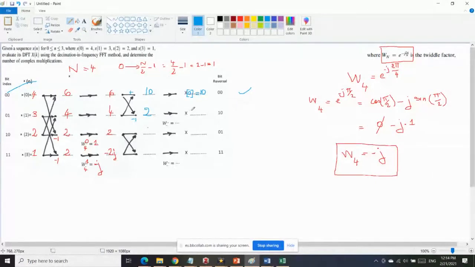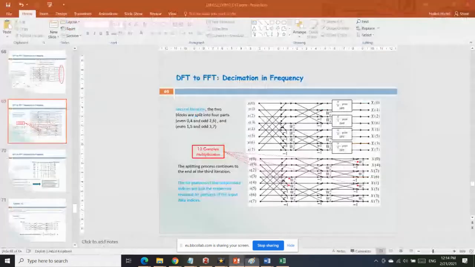For this one it will be x2. Okay, how much is it? Well, we need to take the 2 multiplied by the twiddle factor to the power. The twiddle factor is N, W4, or 2? It's still W4.